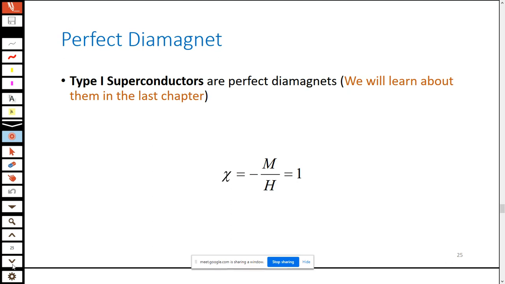Typically, for some metals like mercury, the resistance becomes zero at 4.2 Kelvin. Room temperature is 300 Kelvin. Compared to that, if you go to 4.2 Kelvin, then mercury becomes a superconductor. That means it has zero resistance, and that is one of the interesting materials in physics.